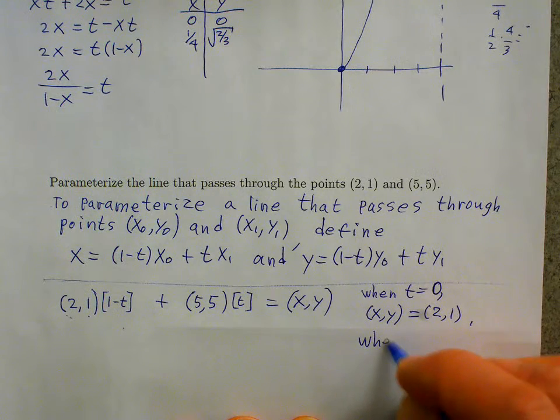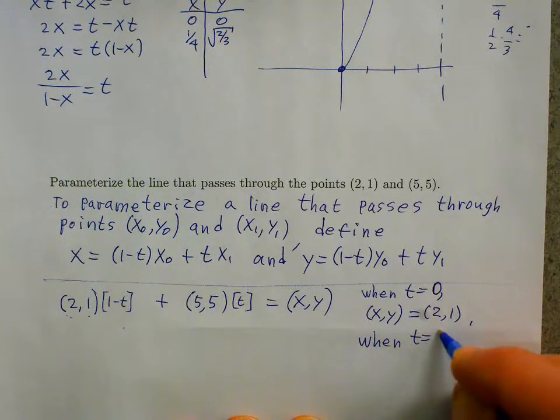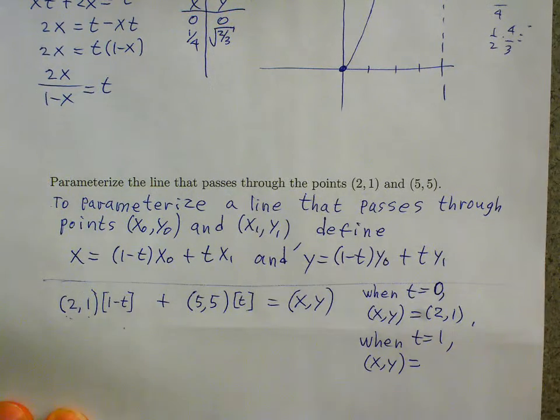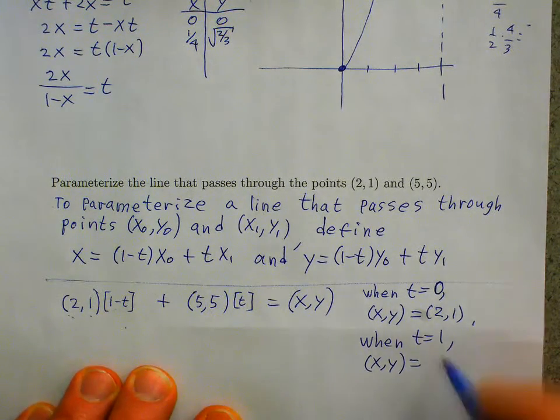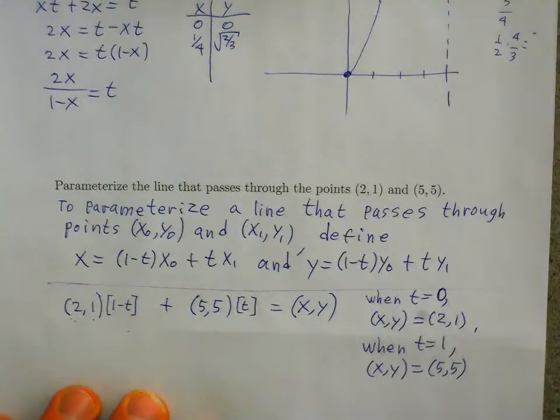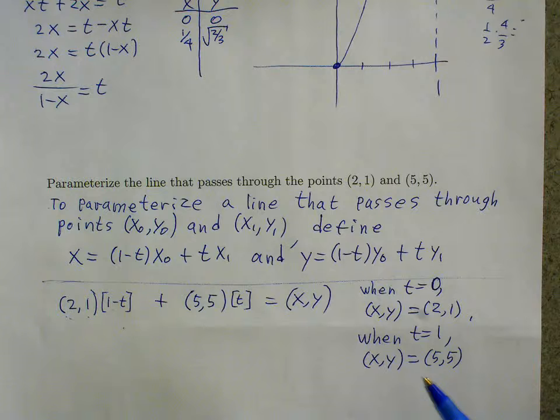And when t equals 1, well, this factor is 0, and then we're at the other point, 5, 5. And we're assuming that t can be any real number, but for the t values between 0 and 1, we'll get from one point to the other.